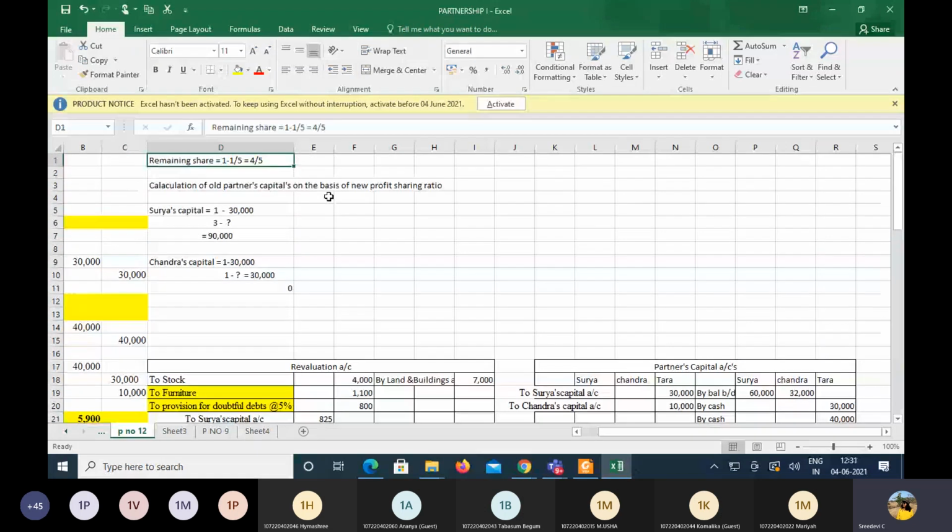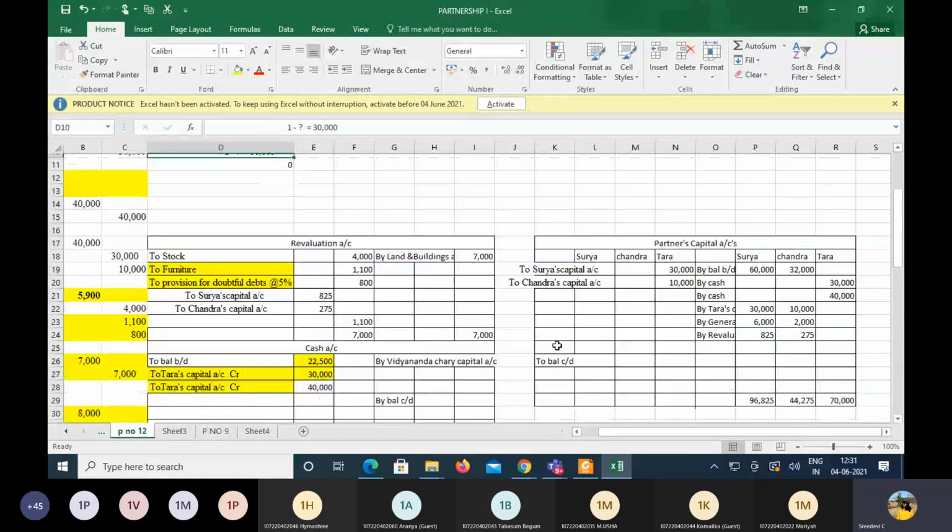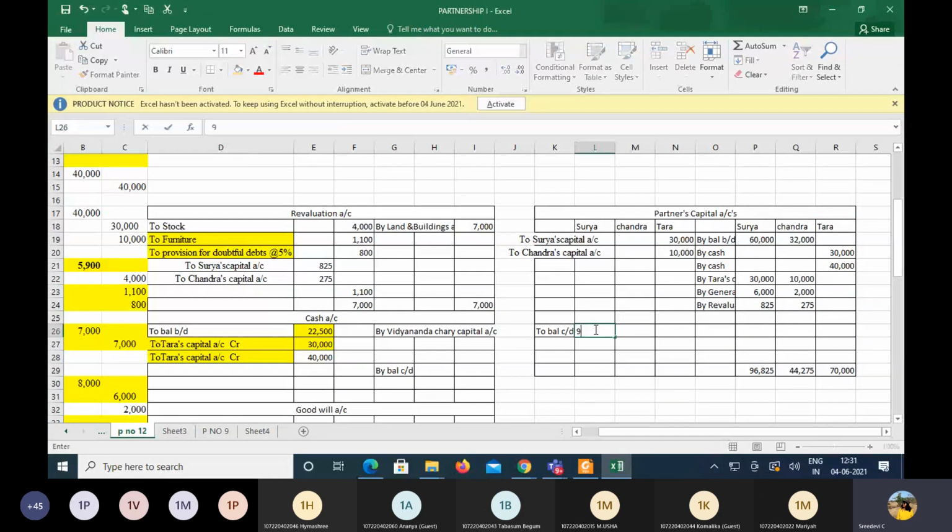The new capital of Surya is 90, Chandra is 30, and Tara is 30.